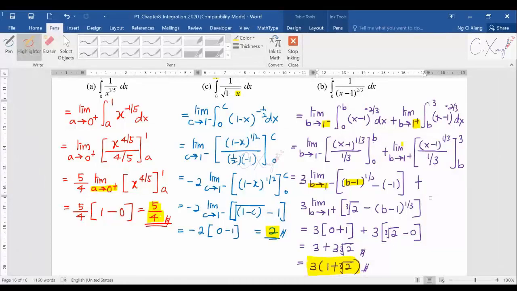Okay, so again, as what I said, this is a new syllabus in year 2020. Therefore, when you are trying out the past year papers, you actually will not see any kind of this kind of question. But no matter how, please make sure that you know how to write out the solutions properly like this. Okay, and I want to end this video already.